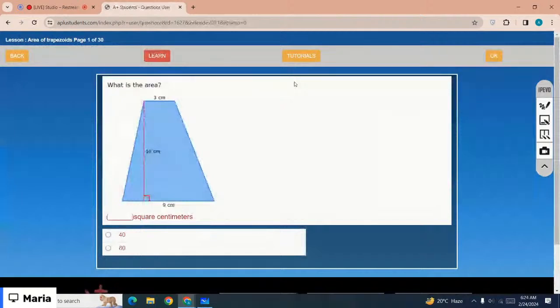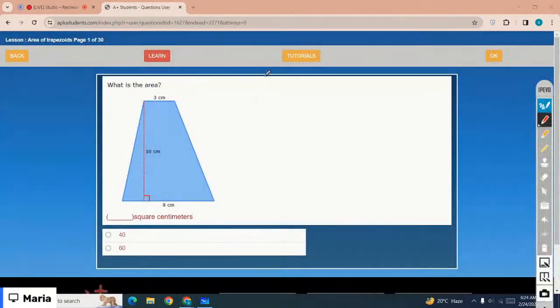Okay, what is the area? The area of a trapezoid is half times the height times the sum of base 1 and base 2. This is base 1, this is base 2, and this is the height.